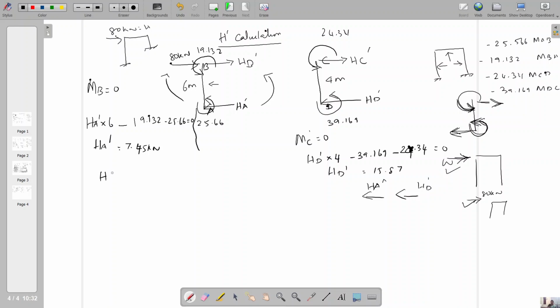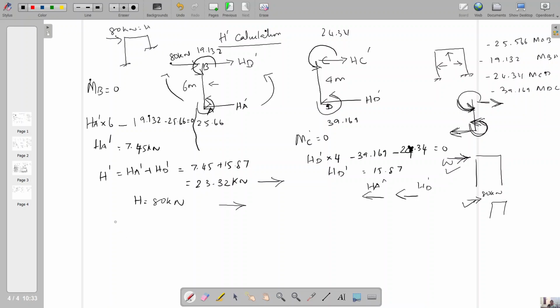So we can add H dash equal to HA dash plus HD dash, which is equal to 7.45 plus 15.87, which is equal to 23.32 kilonewton. We got H equal to 80 kilonewton. The force corresponding to H dash is acting on the right side, and also the force corresponding to the non-sway analysis is acting towards the right side.